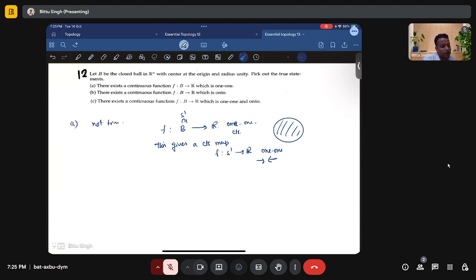What about B? There exists a continuous function from B to R which is onto. If the map B to R, sorry, B to R is onto, this is also not true. Why? Because B is compact, a closed and bounded subset of R2. But R is not compact.